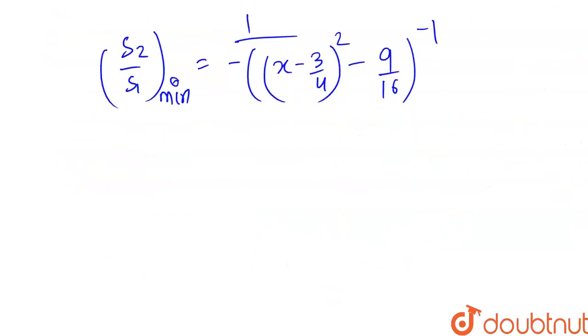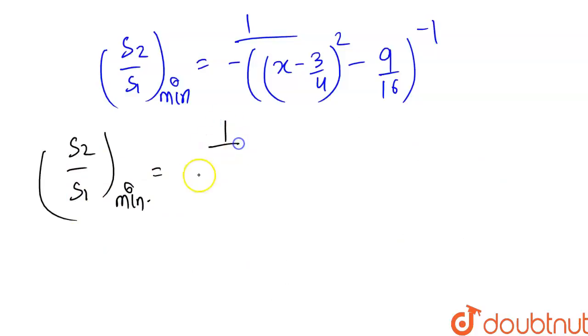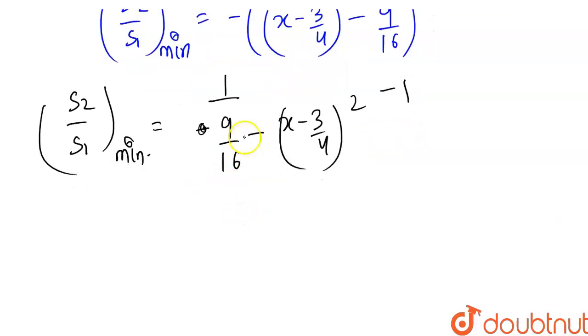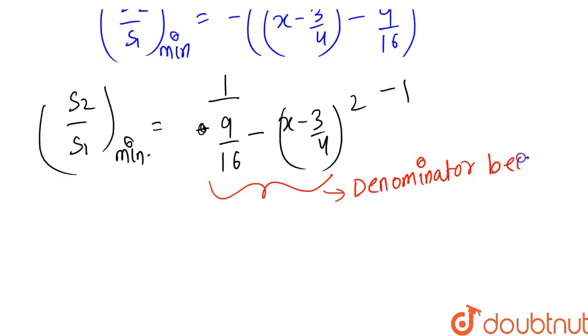Now further, S2 upon S1 minimum becomes equal to 1 divided by minus of, now let's multiply minus within the bracket, right? Then 9 by 16 is positive and minus of x minus 3 by 4 whole square, now minus 1. So here you can see that this will become minimum when the denominator becomes maximum, right?